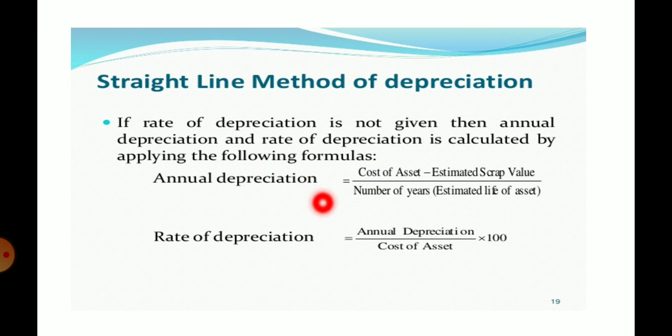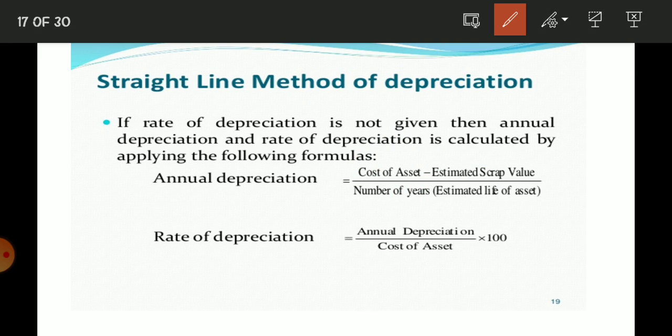Annual depreciation equals cost of asset less estimated scrap value, divided by number of years. All these values are given in your question. Cost of asset here means the cost at which you purchase the asset. Remember, when you purchase any asset and pay some expenses for the installation of the machinery, they will be added to the value of the machinery.